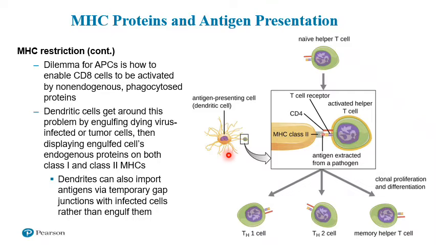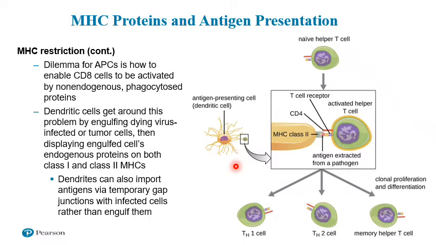The dendritic cells, these are your dendritic cells. These are antigen presenters of the skin. They are Langerhans cells. They get around this problem by engulfing dying virus-infected or tumor cells. And this is going to be the story that I mentioned to you already, how they become our heroes.